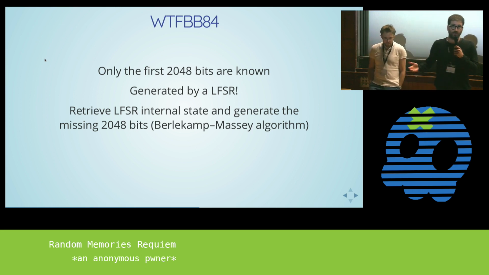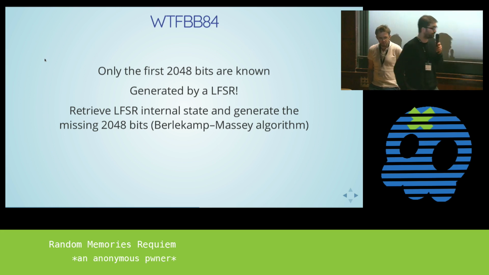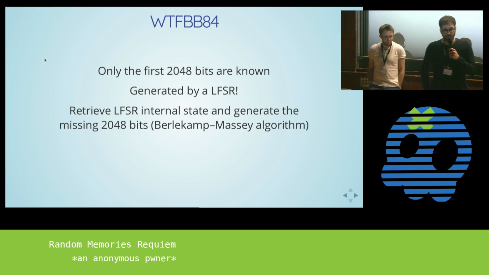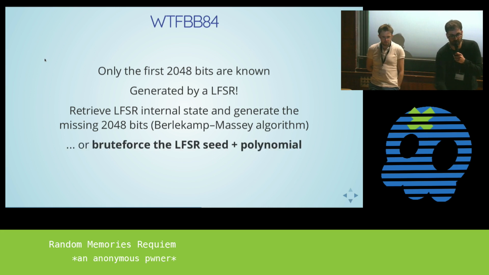So hence we can retrieve the output bits. For this, there's an algorithm which is known as the Berlekamp-Massey algorithm. I didn't have an implementation for it, so I didn't use it, and I managed to brute force the LFSR and the polynomial. Actually, it wasn't made to be possible, but there's a kind of bug in the implementation.